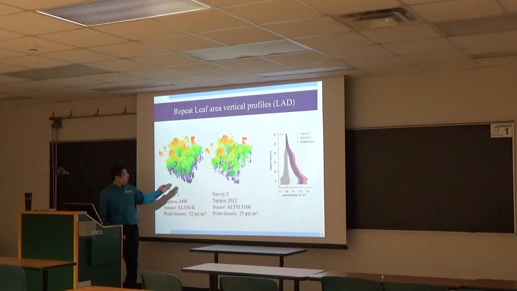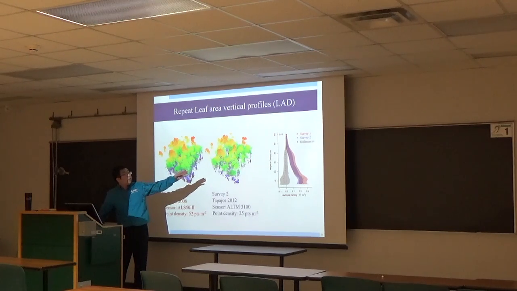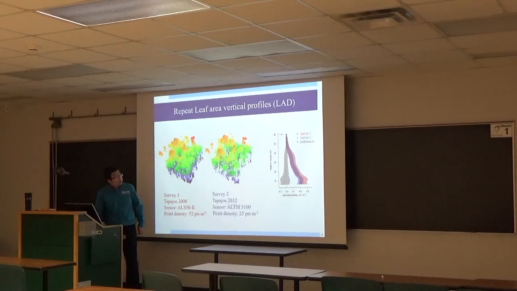So yeah, this is survey 1 and survey 2, and we can get two profiles from the 2 surveys, and the red ones stand for the first survey in 2008, and the blue profile stand for the second survey from 2012. And comparing the 2 profiles, we found there's some difference. Like the second survey has a kind of a lower profile compared to the first survey.